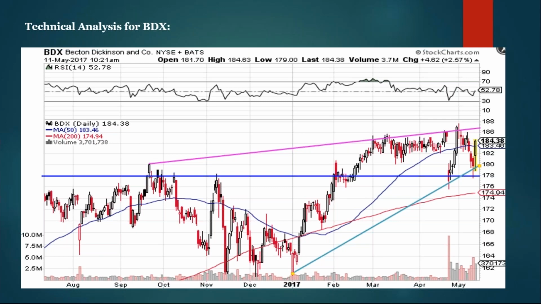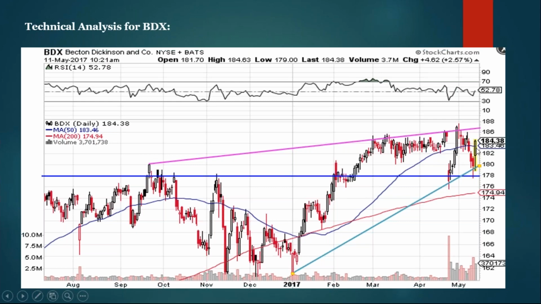This is the BDX chart. We did not trade BDX, but I prepared the chart. So I saw BDX when it was moving like this. Again, 178 is the support. It bounced above 180. So I spotted it somewhere at the 182 level. But because of all this congestion here, I did not buy calls.